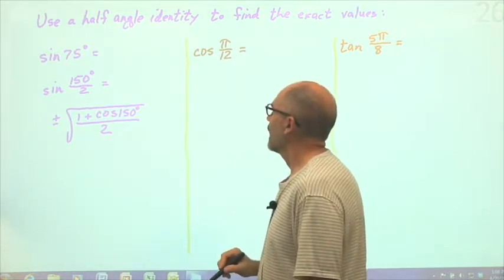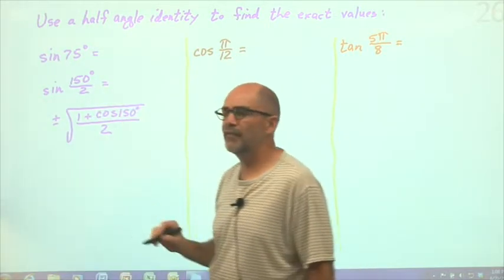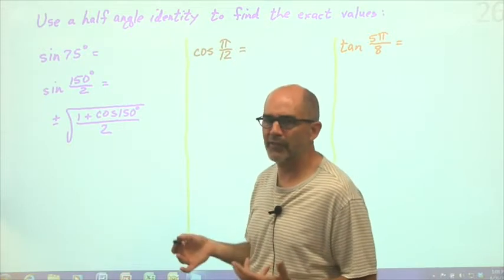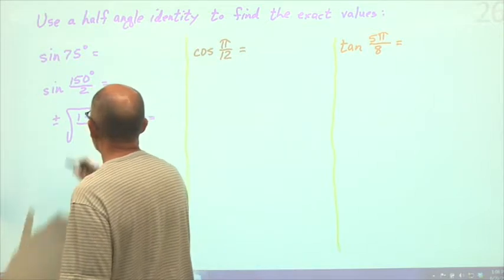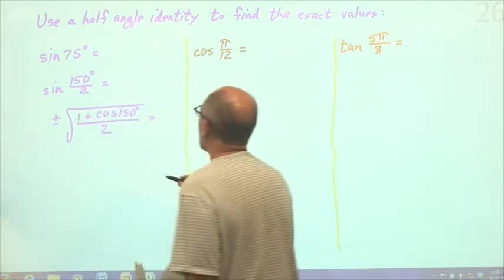Now, sine of 75 degrees is positive because 75 is in the first quadrant, so we really don't need the plus or minus anymore. And then cosine of 150.